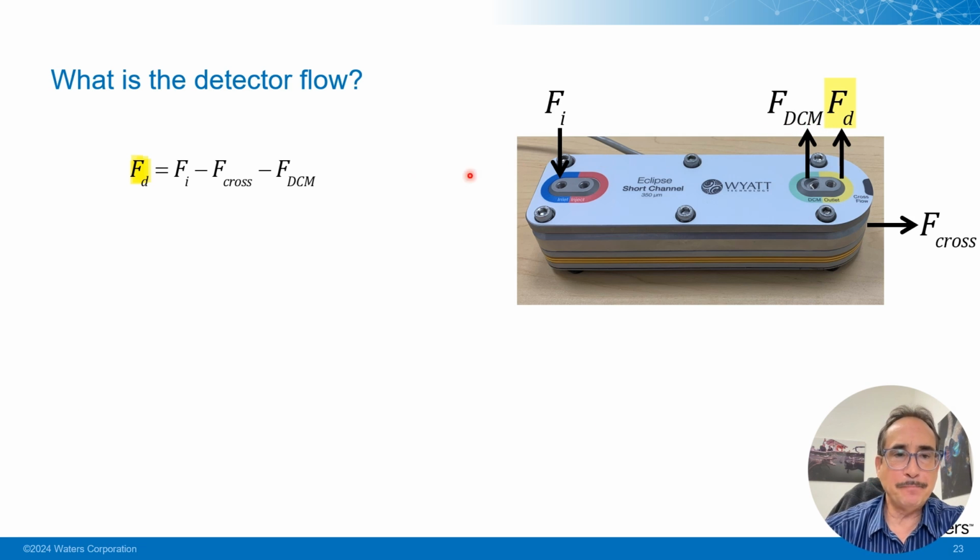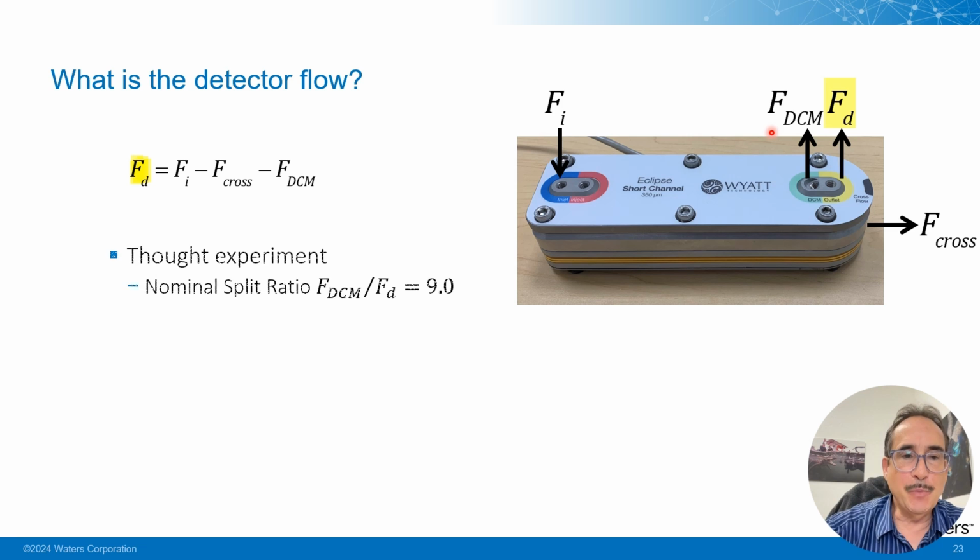So here's the problem. We want a reliable detector flow. And we're going to define that as the difference between the flow that went into the channel on the inlet port, minus the fluid that left the channel through the cross flow port, and minus the flow that left the channel through the DCM port. Okay? Why is this a problem?